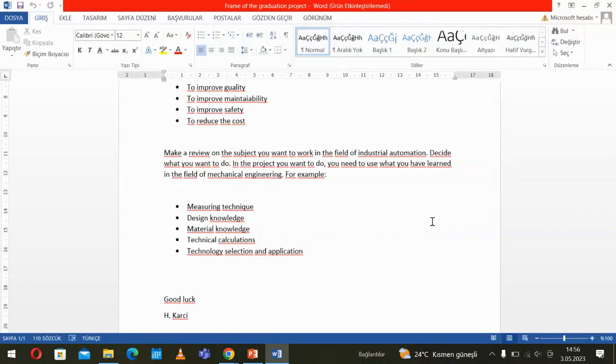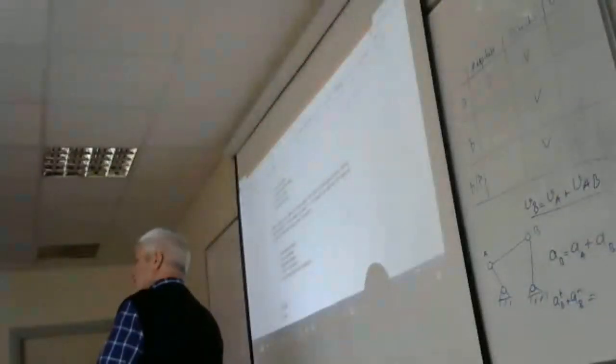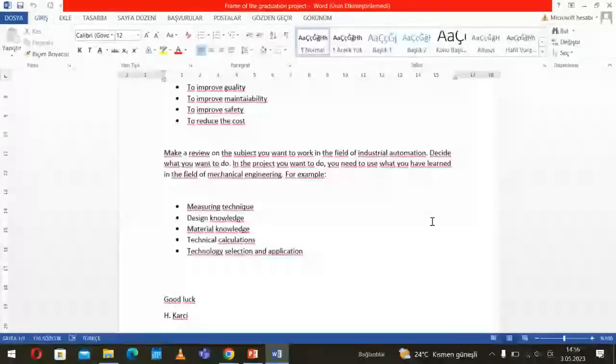So maintenance should be as quick as possible. It shouldn't take much time. Or the quality or safety, or to reduce cost, or to improve the performance.